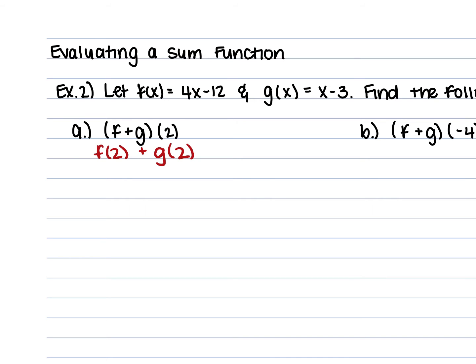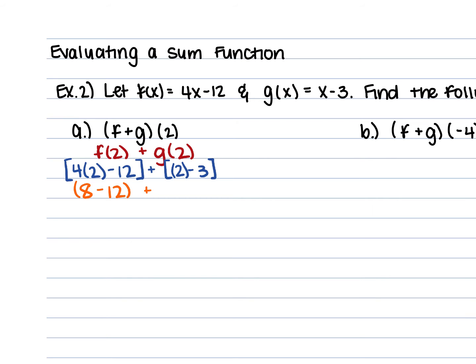So that's going to be 4 times 2 minus 12. In that g of 2, we're going to do the same thing. Wherever we see an x, we're going to replace it with a 2. So it's going to be 2 minus 3. In your first set of brackets, the 4 times 2 gives us 8 minus 12.